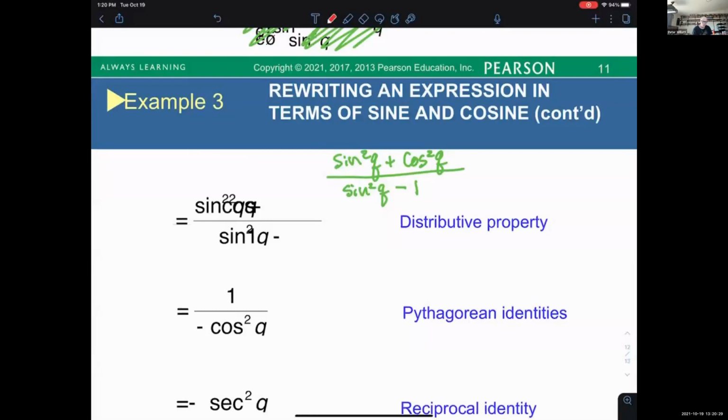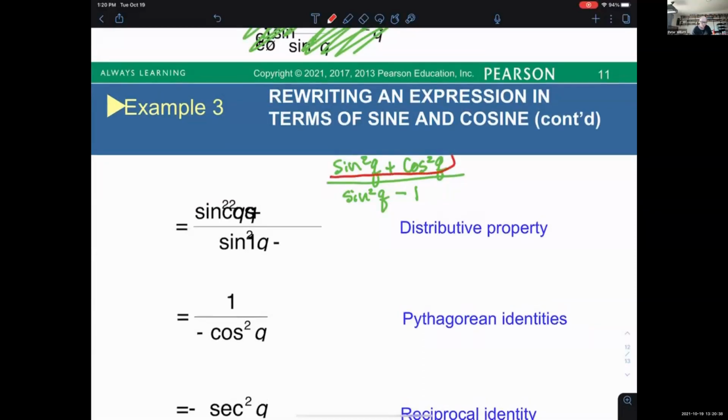So instead, we want to recognize that our first identity in the box that we looked at in the beginning was that sine squared plus cosine squared is equal to 1. So that means I can replace all of that in the top with a 1.